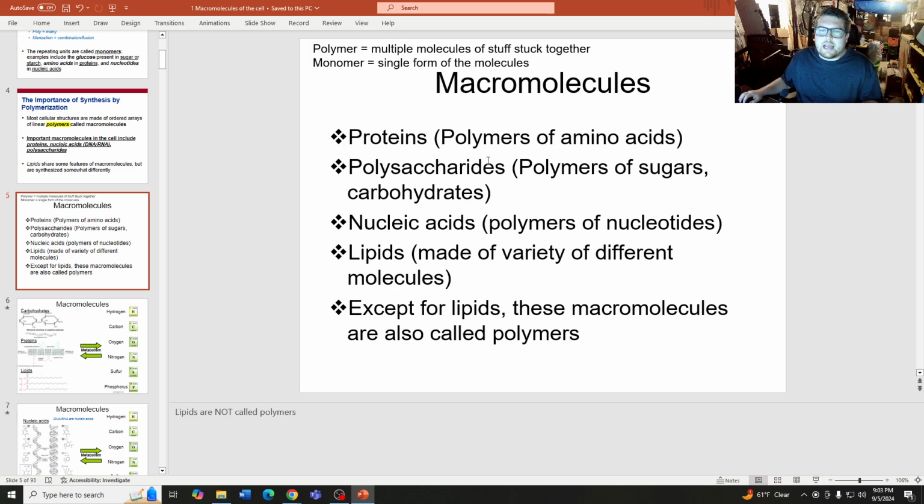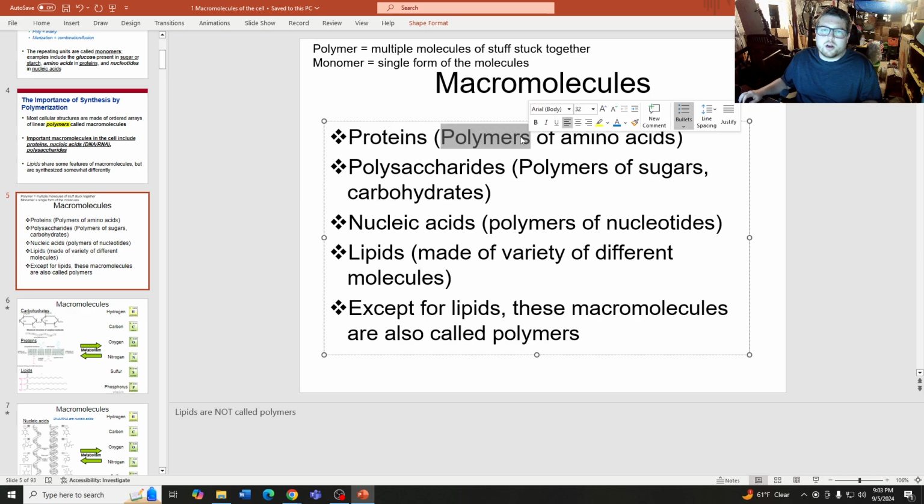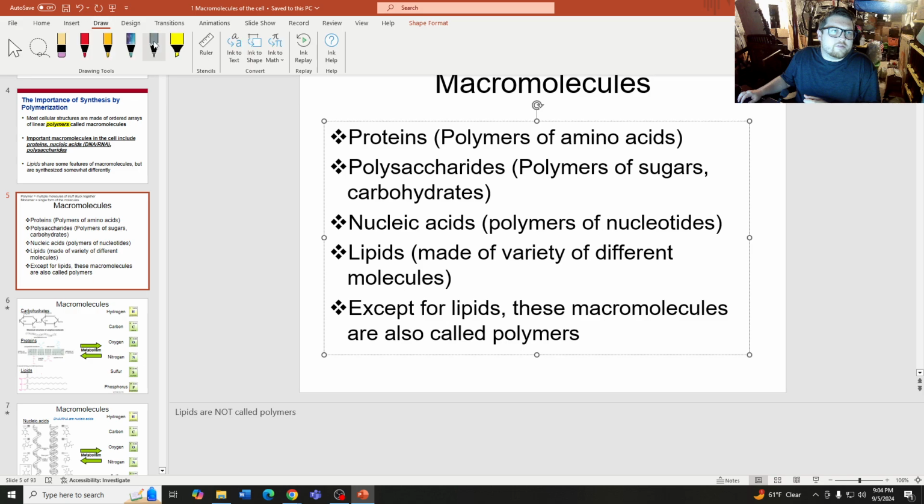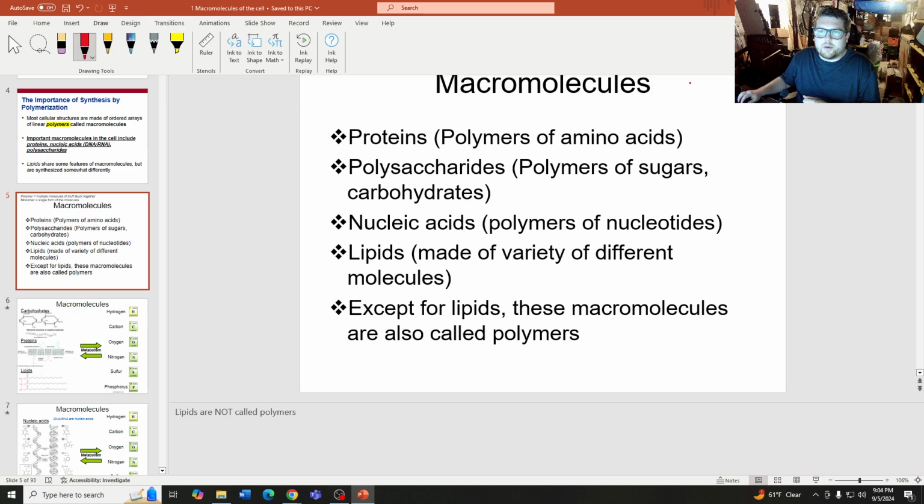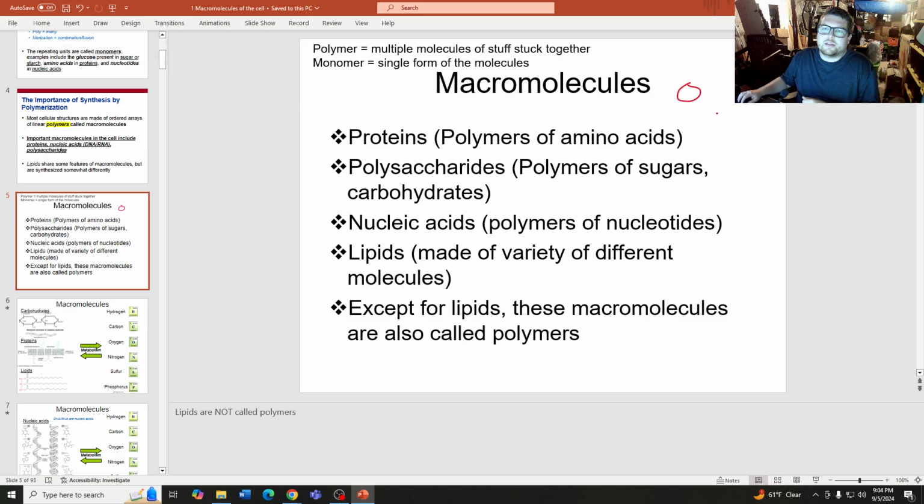Here we are connecting some of the dots. So proteins is the polymer. Remember, polymer is just a string of monomers. So basically, if we have an amino acid, a single amino acid is this little circle. That is an amino acid. We string together a bunch of these.